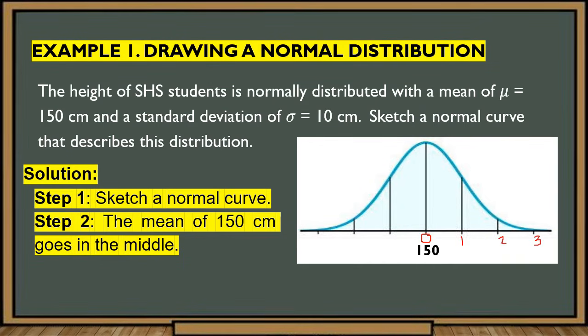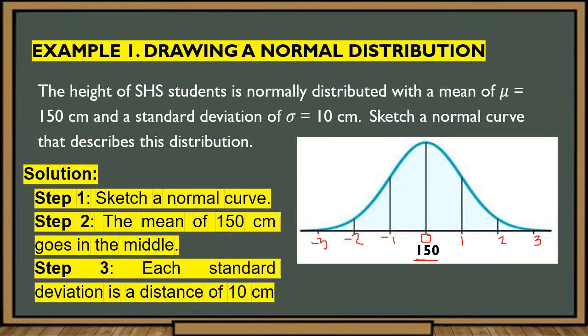The values are positive, and the distance between each score is 1 standard deviation. To the left of the mean, the values are negative, so we have here -1, but still the standard deviation is 1. So these are the standard scores under the normal curve, with 0 as the mean and 1 as the standard deviation.